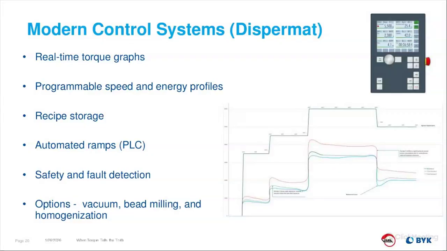You have good safety and fault detection. You want to know where the errors are coming from, what's happening, and then having options. With our product line, everything is modular. So a single Dispermat can become a vacuum disperser. It can become a vertical bead mill or a basket mill, or a homogenizer with just a simple swap of a head or an attachment.